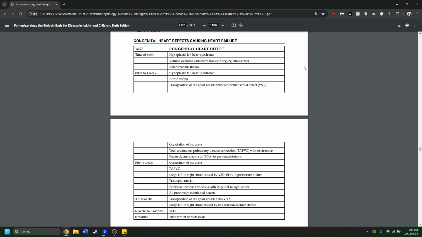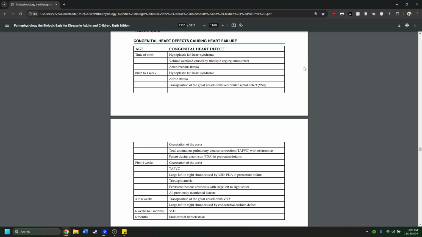From birth to the first week, there is also hypoplastic left heart syndrome, aortic atresia, transposition of the great vessels with ventricular septal defect, coarctation of the aorta, total anomalous pulmonary venous connection with obstruction, and patent ductus arteriosus in premature infants.